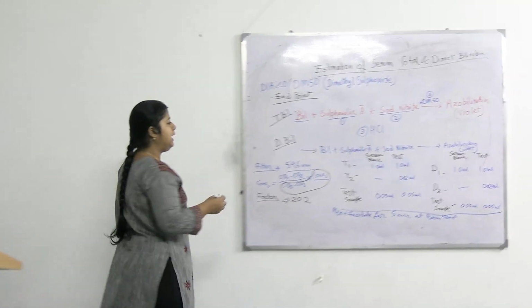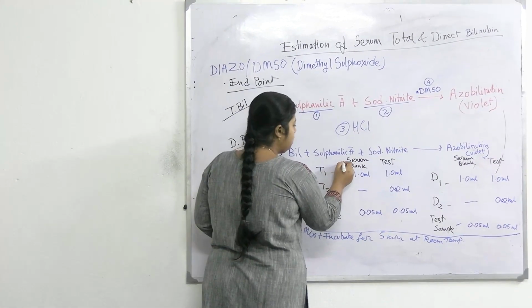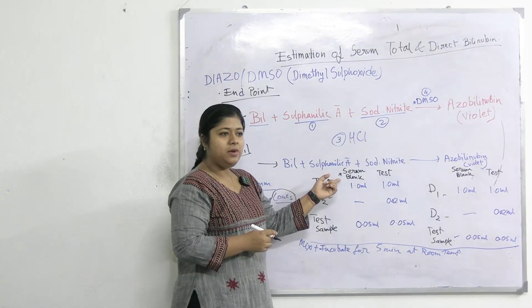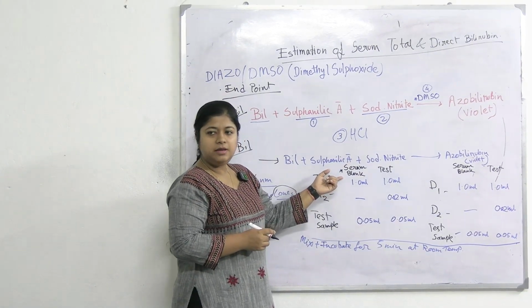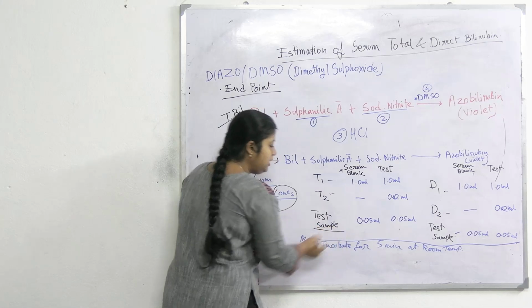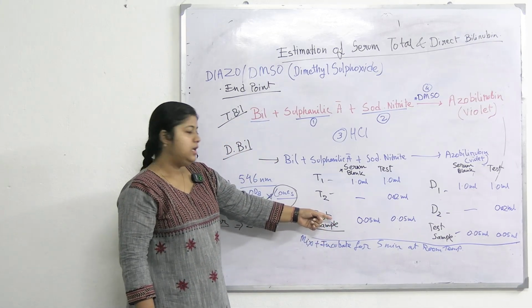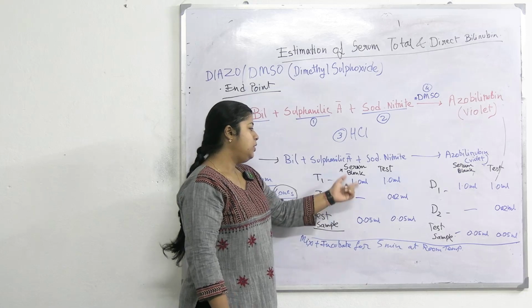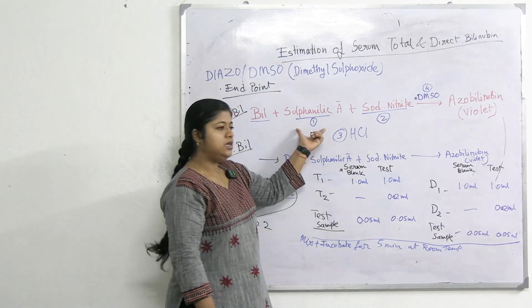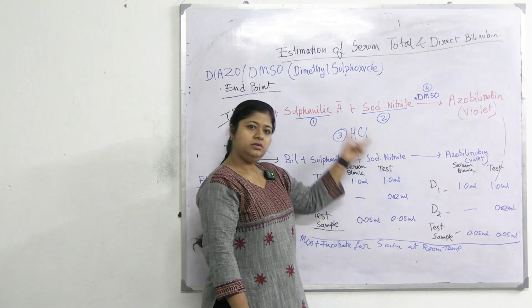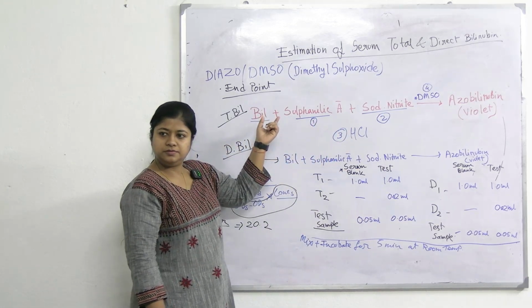So the serum blank here is not an OD blank like a water blank. It is not a water blank, but a serum blank, because we are testing the serum sample, not distilled water. And we are not adding T2 in it, so the reaction does not run completely. In the test sample, we are adding T2 to complete the reaction.